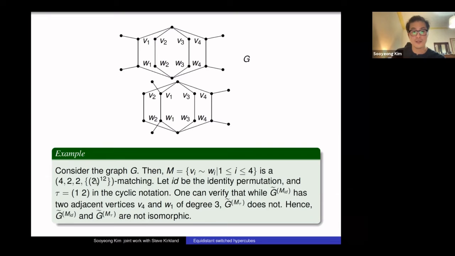And here 3: the distance between V1 and W2 is 3, and V1 and W3 is also 3. Similarly, you can consider the other distances, and we can check it's 3.